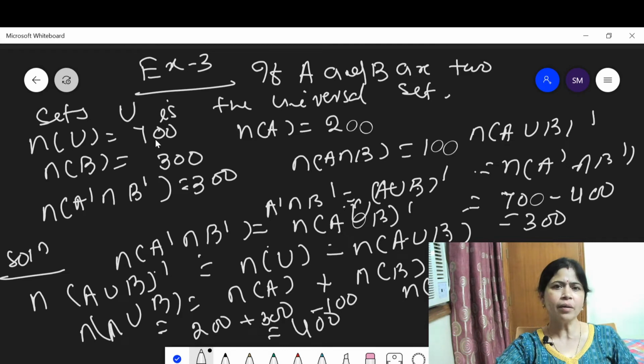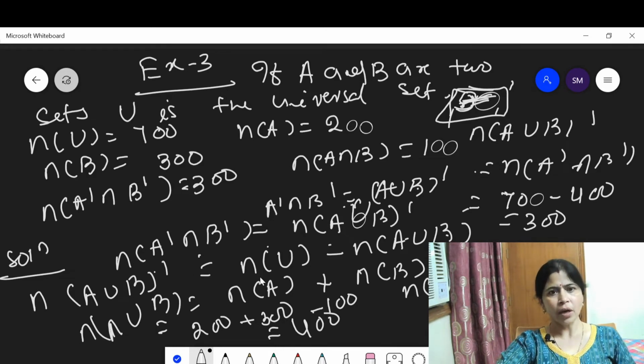Let us recall the Venn diagrams. Here suppose this is the universal set. This is set A and this is set B, and here (A union B) dash means this portion excluding, from the universal set, the A union B portion.